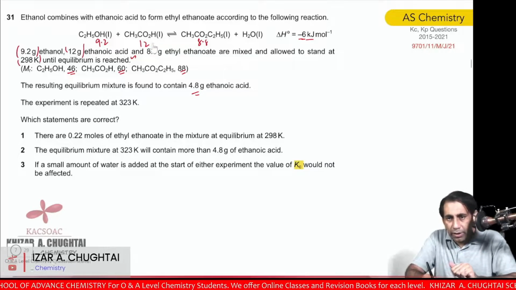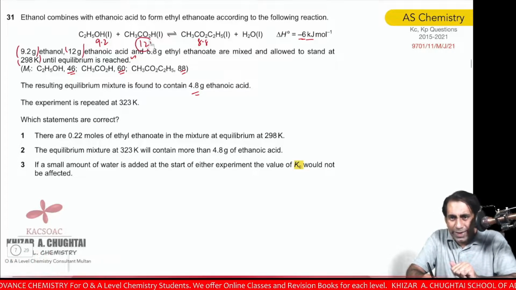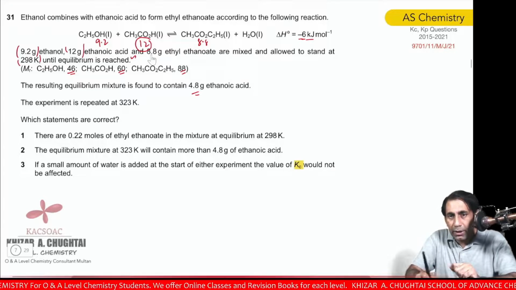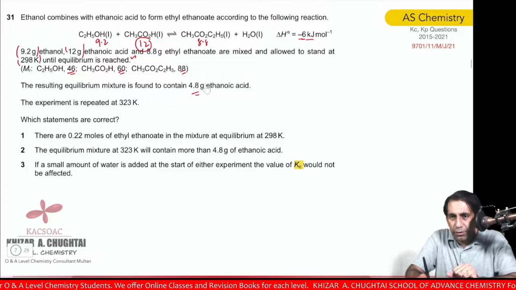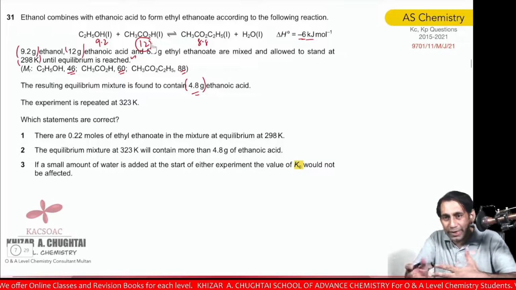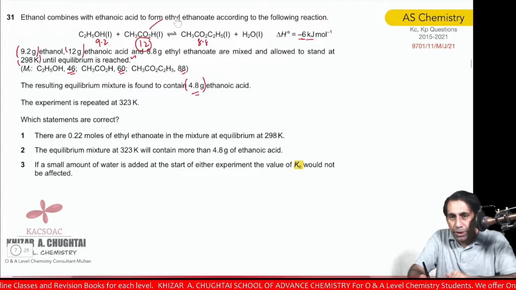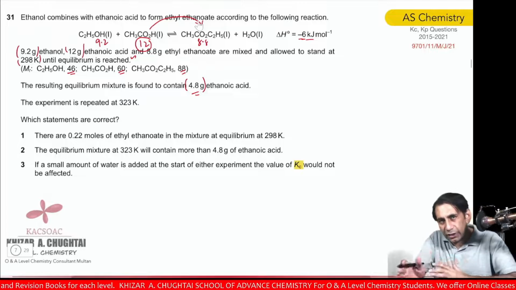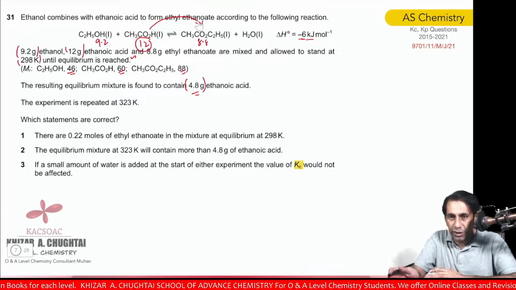Initially, this carboxylic acid is 12 gram, but at the stage of equilibrium, its quantity is 4.8 gram. It means that it's losing its mass. So the direction of the reaction is moving towards the forward direction.